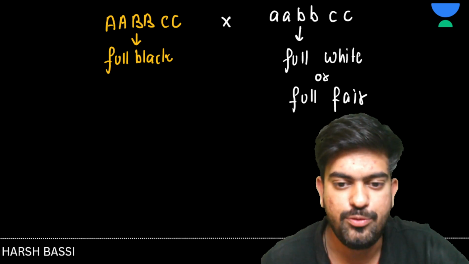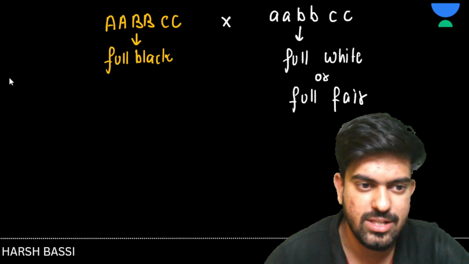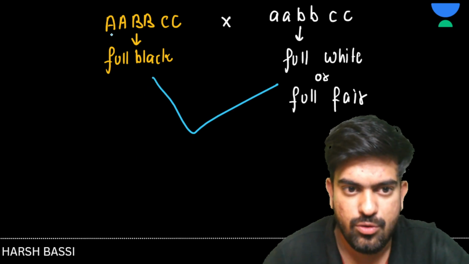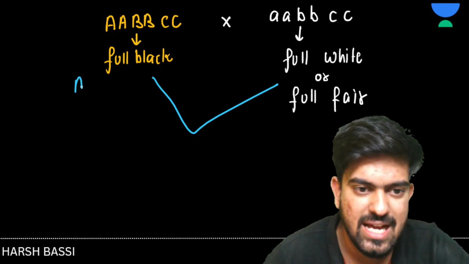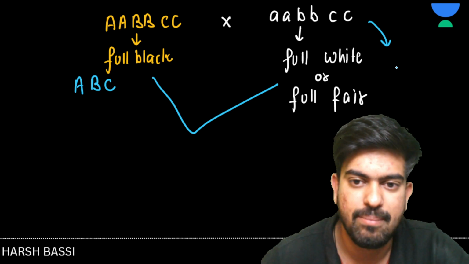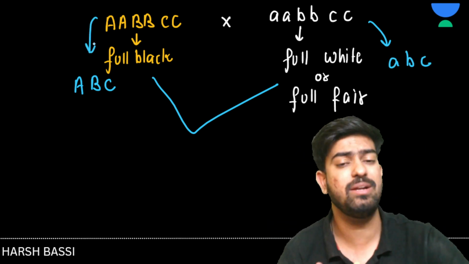Great. Now let's move forward, and I have taught you how to make the gametes. Here you are going to get gametes as capital A, capital B and capital C, and here gametes as small a, small b, small c. Use the fork line method now.